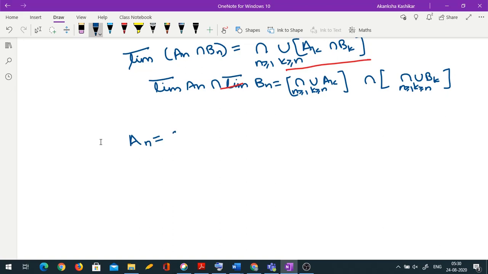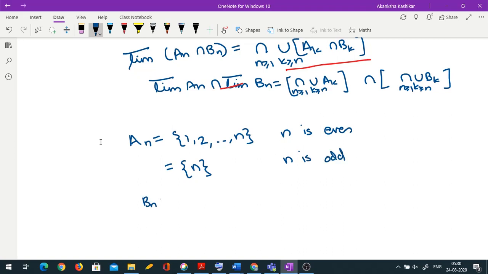So let me define An as 1, 2, 3 up to n if n is even. Okay, and let me define it as just singleton n if n is odd. And Bn, let me define in the reverse way. So Bn is singleton n if n is even, and Bn is 1, 2, 3 up to n if n is odd.